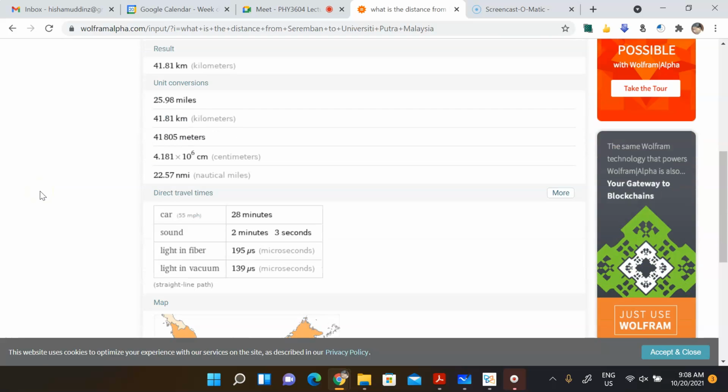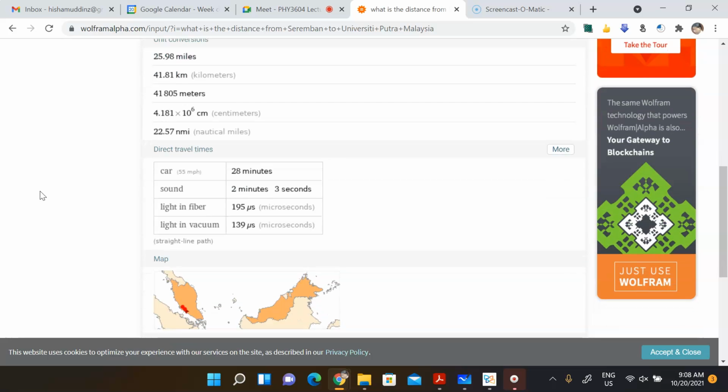Of course, you don't really use it, but you can also see that if I were to drive in a car, it would estimate, with this particular speed over here, that I'll take about 28 minutes. I normally take 40 plus minutes, really.